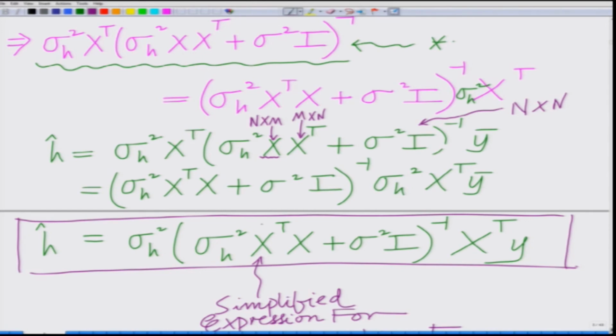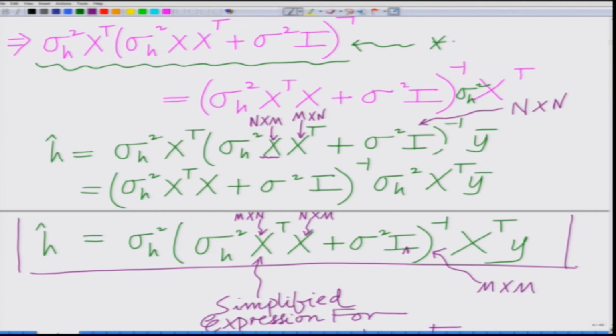But if you look at this quantity, x transpose is basically m cross n, x is basically n cross m. So, this is basically your sigma h square x transpose x plus sigma square identity, this is an m cross m.